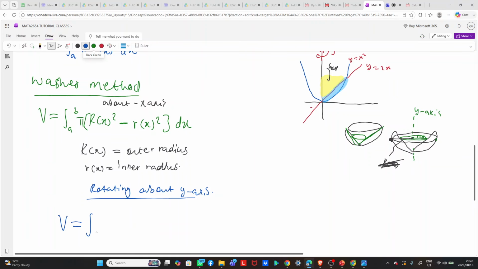Now the volume will be the integral from c to d of pi times R of y squared minus small r of y squared dy, where of course R of y is still the outer radius and small r of y is the inner radius. So in our question now, which formula are we going to utilize? We're going to utilize this one because we are rotating about the y-axis.